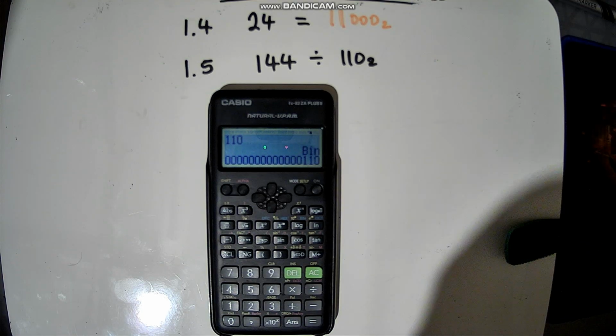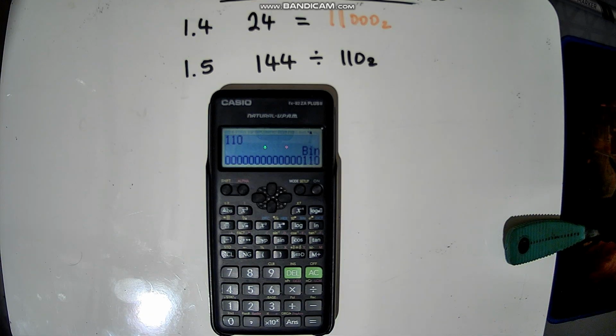Now notice there, if you go here, can you see? It says DEC above the X squared button. So you're going to press X squared, and this is going to give you the answer for 110 as a decimal. Notice that the answer is 6. So pressing X squared button, it gives you that answer of 6.